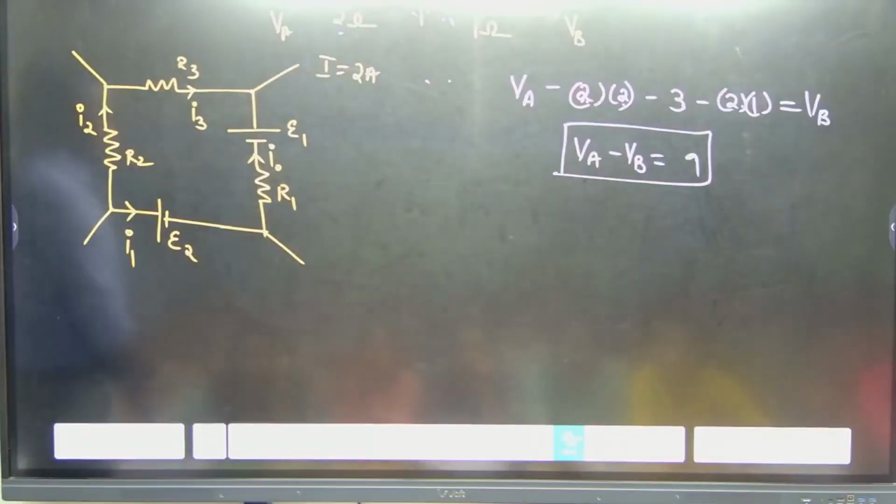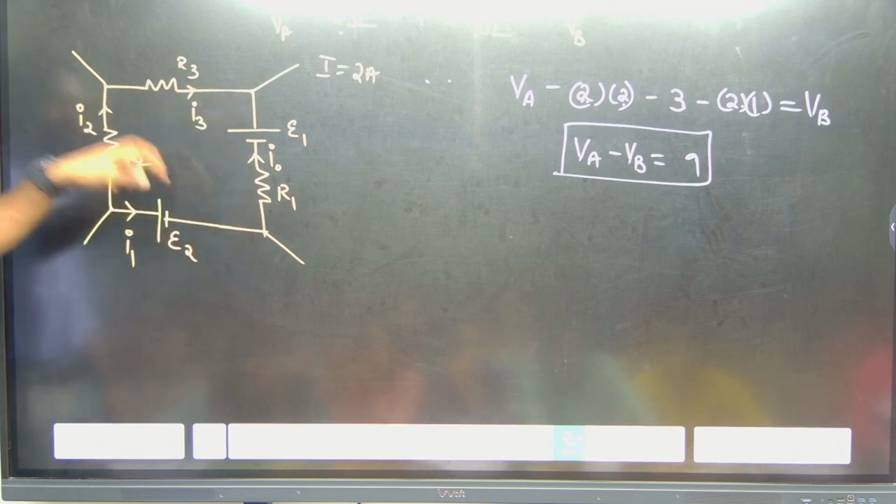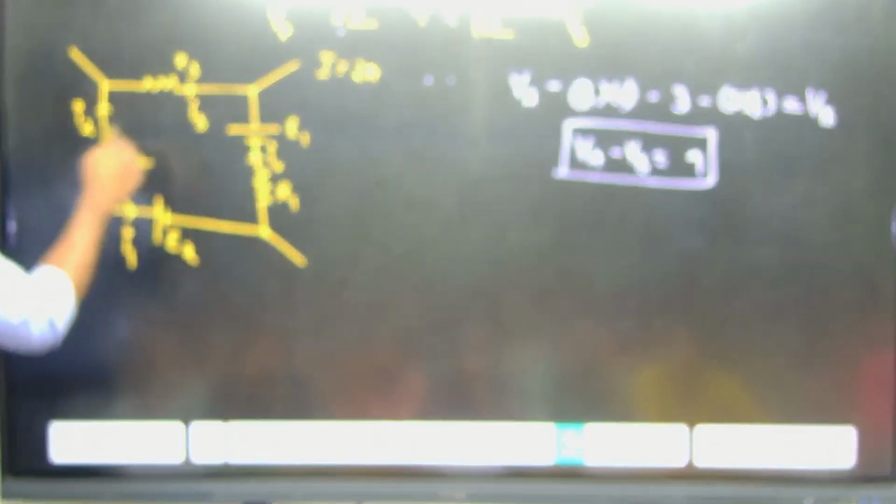Okay. So first point I will tell you here. Listen. You can start with any one corner. If I start either here or here, no issues. But if you start here, take a circular path, come to the same junction.